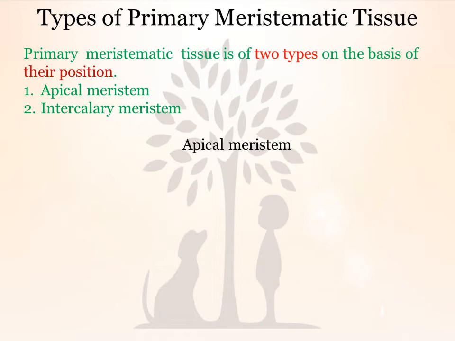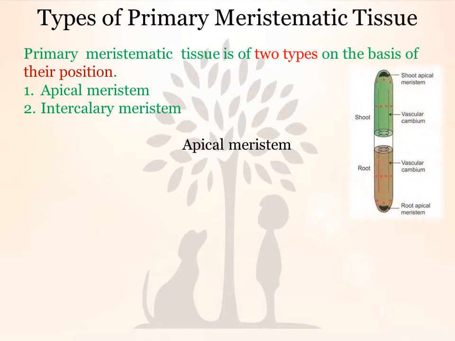As the name indicates, apical means the meristem which is present at the tip of the plant. So here is the diagram. That is the tip, both sided tips, the lower one and the upper one. The green part represents the part present above the soil, that is the shoot system, and the root part is below the soil.